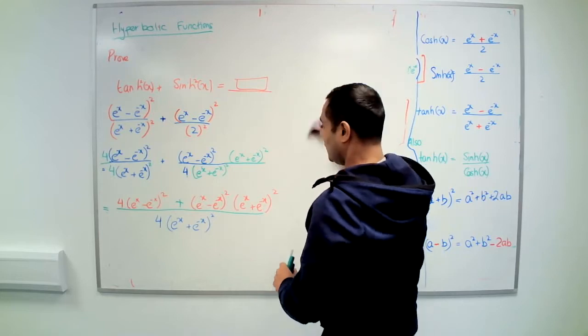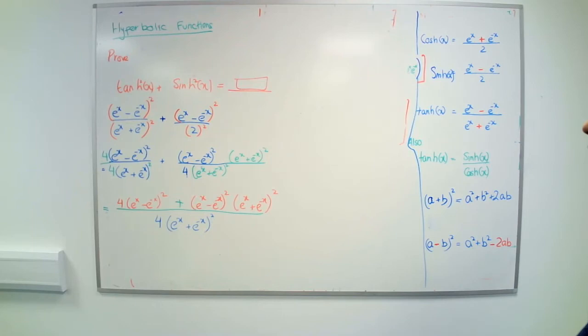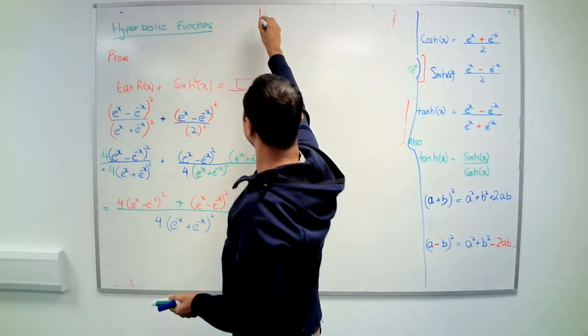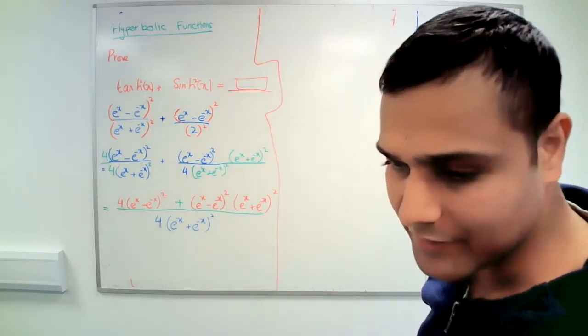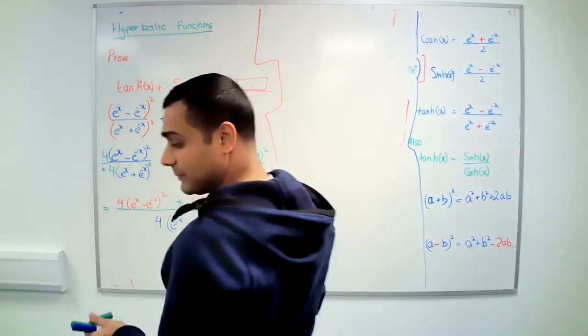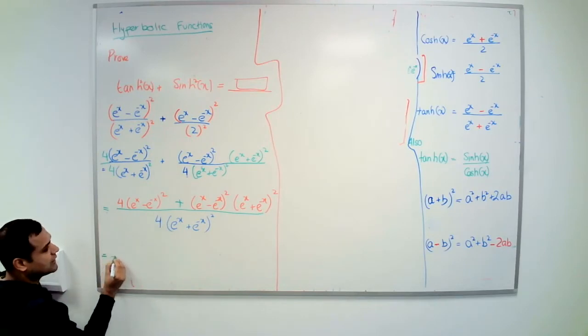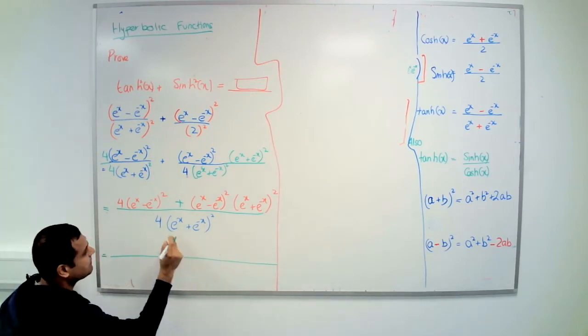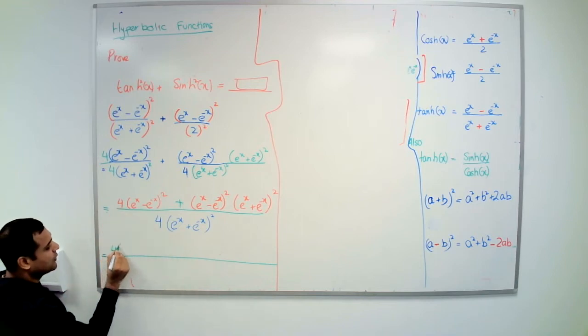Now I need to solve that bit. I need to open up the brackets. It's going to be a long one. The bottom one I'm going to keep the same. I'm not going to do anything with the bottom, but the top one: this 4 is a 4.